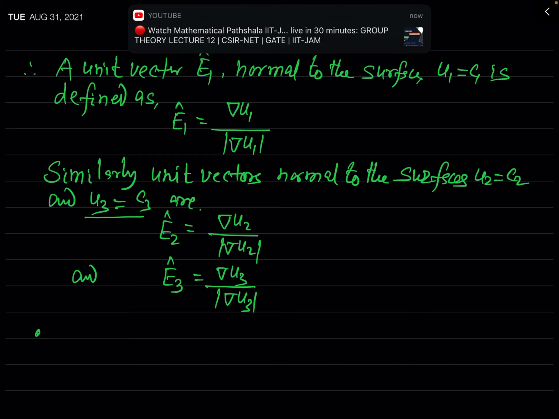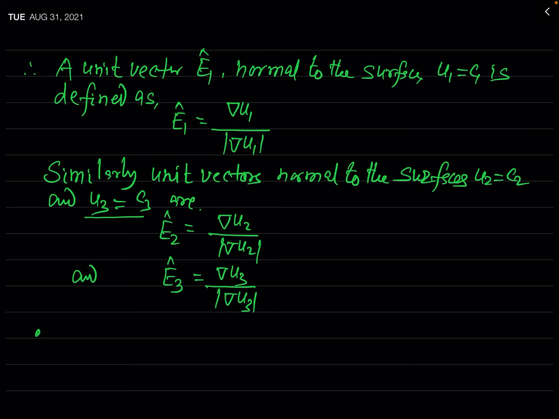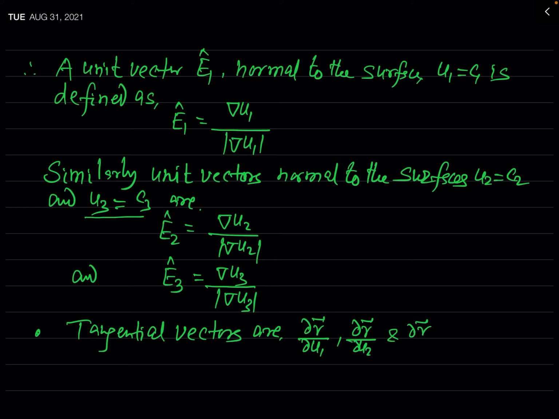First of all, we have two sets of vectors. The first set are tangential vectors and the other are normal vectors. The tangential vectors are del r by del u1, del r by del u2 and del r by del u3.